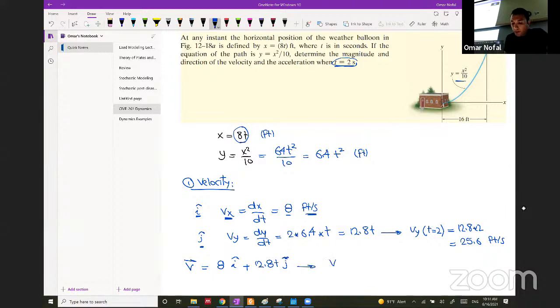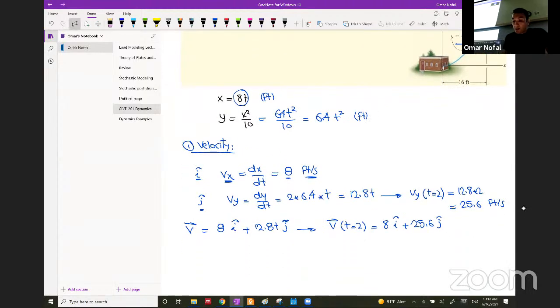But for the V vector at t equal 2 seconds, it will be 8 i hat plus 25.6 j hat. So this is the vector quantity of the velocity.